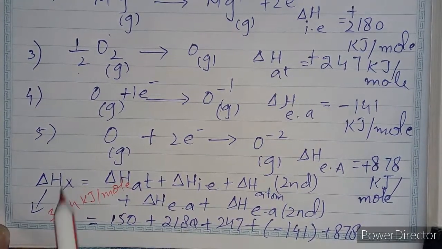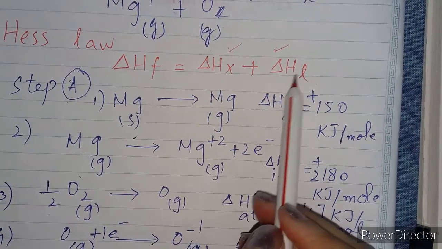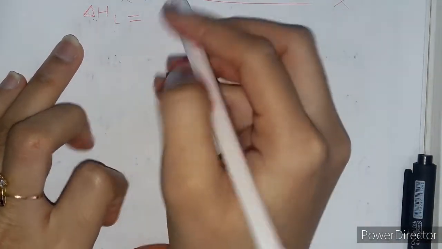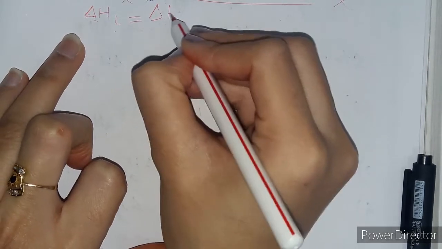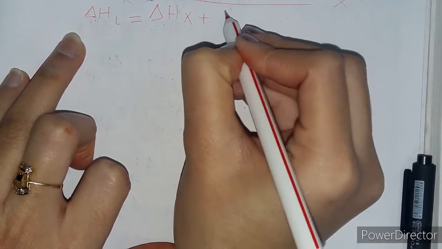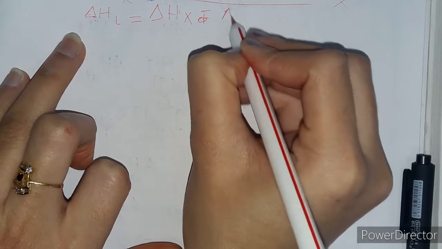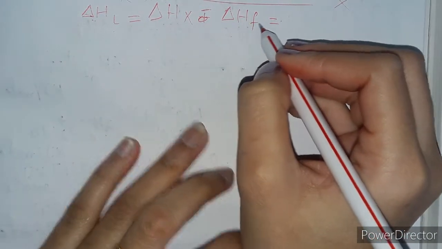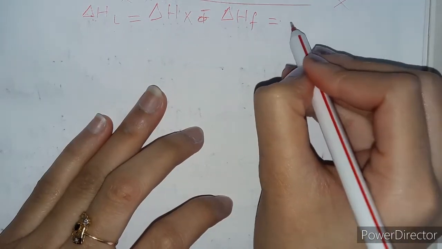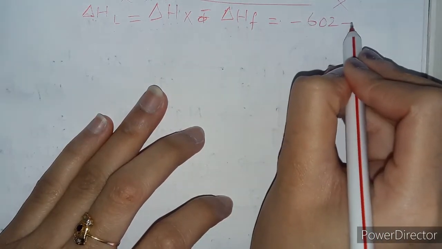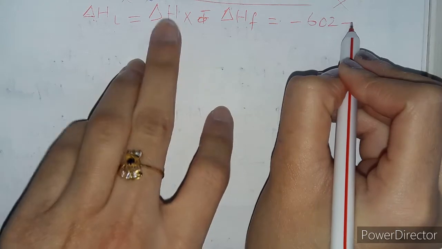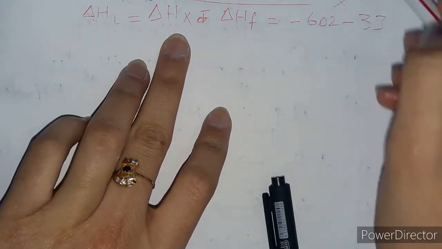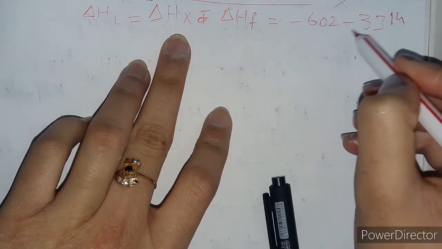Now we can find the value of ΔHL. ΔHL is equal to ΔHf minus ΔHx. So the enthalpy of formation is minus 602 minus the ΔHx value of 3314 with the positive sign.